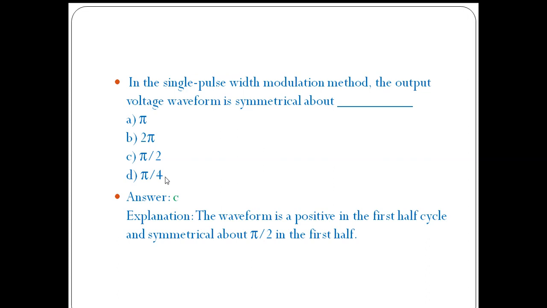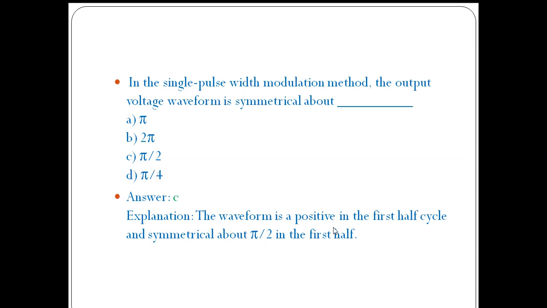In this question, during a positive half cycle we have one pulse for a given signal, so the output waveform will be symmetrical about pi by 2. So the answer is C.